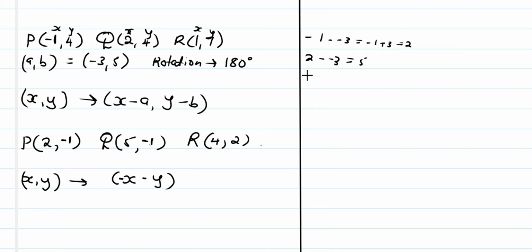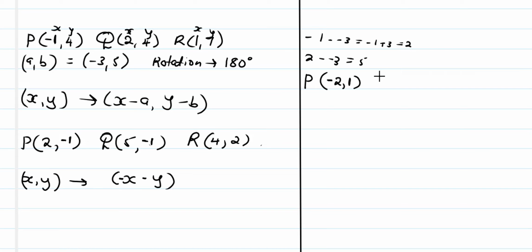So now the new coordinates, I can put them here. And I say for p, now it will be negative 2. So that x can be negative, and then negative y. But you see here it is already negative, and this another negative, so it will now be positive 1, because negative multiplied by negative is positive.